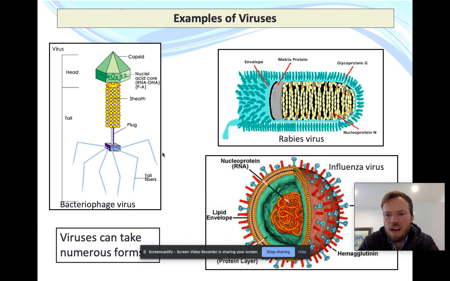There's lots of different types of viruses. So this is a bacteriophage. It has your genetic material up here. And this is the capsid, and it has this really sort of alien-looking mechanism which helps it to attach to a bacterial cell.